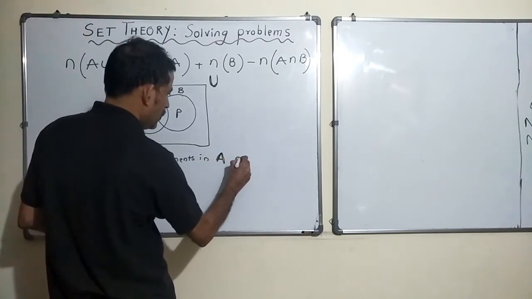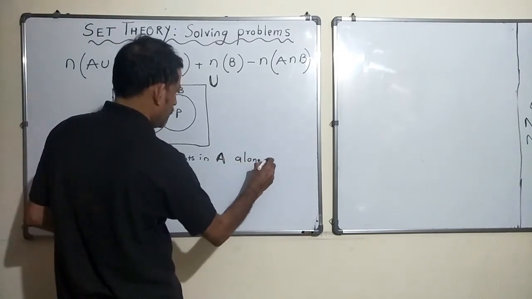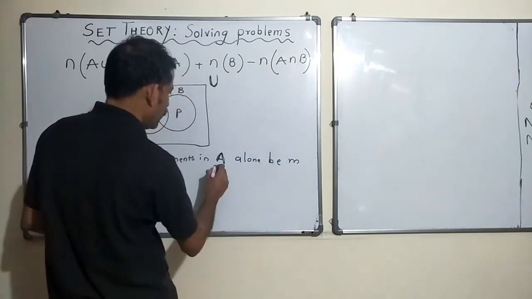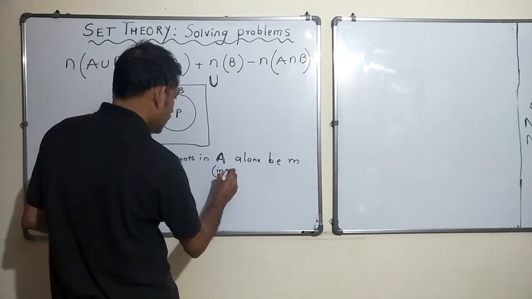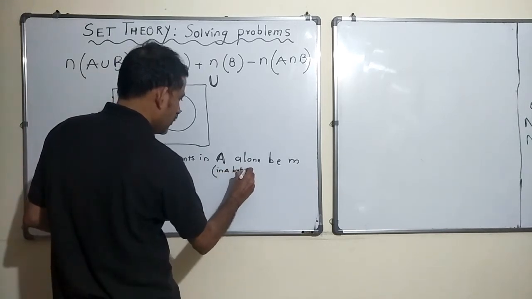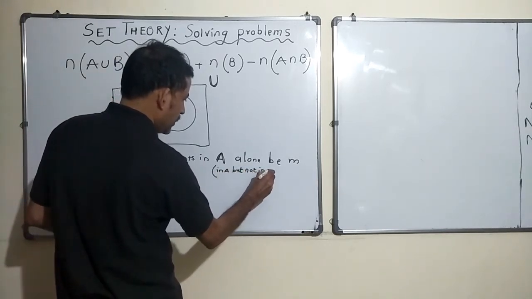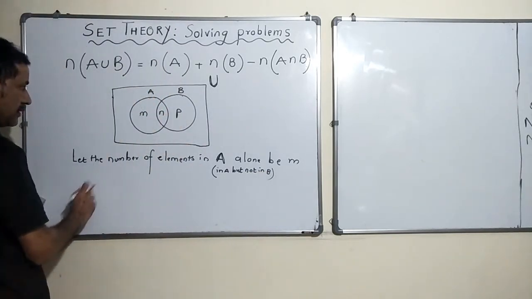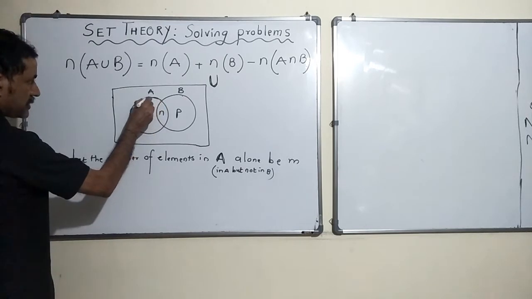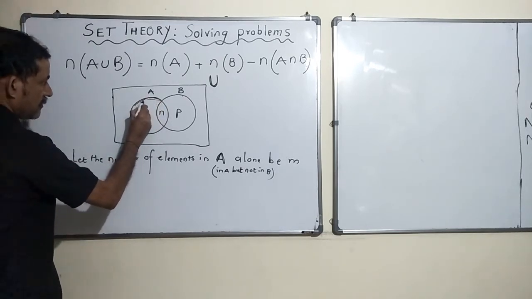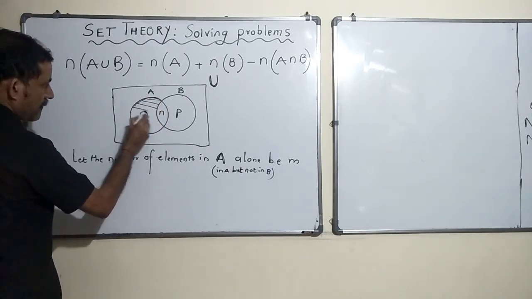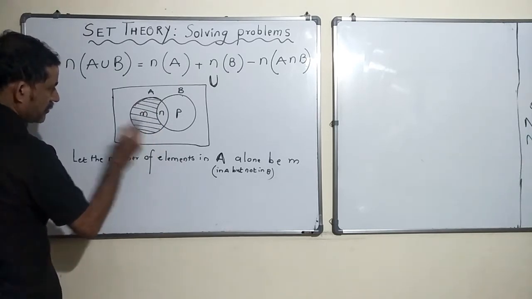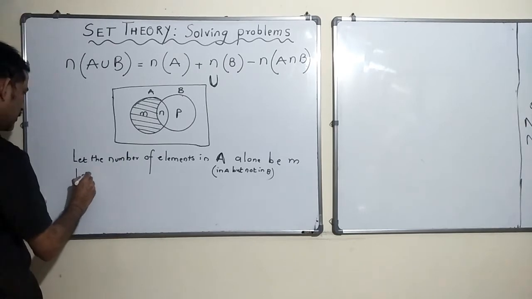In A but not in B, correct? So M is nothing but this region.